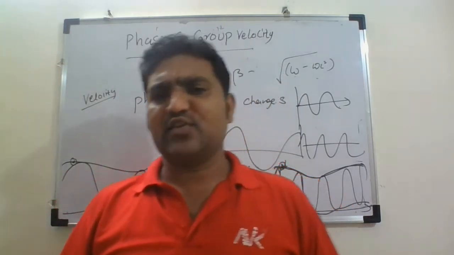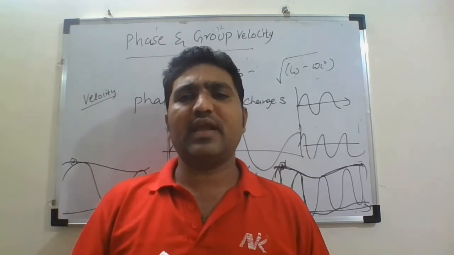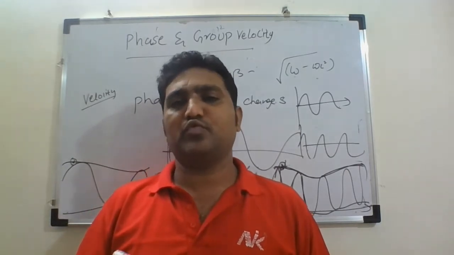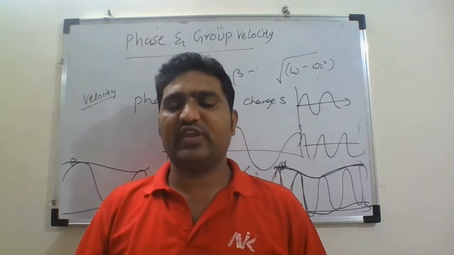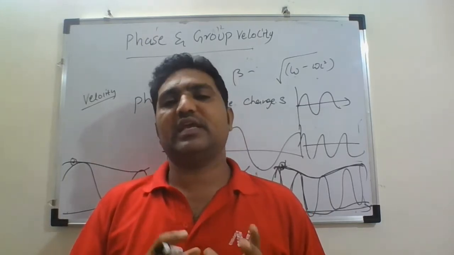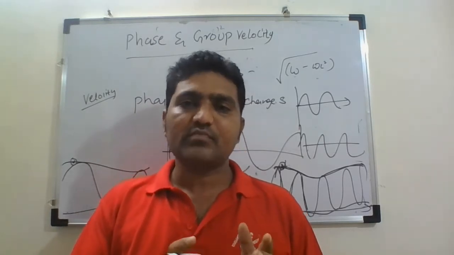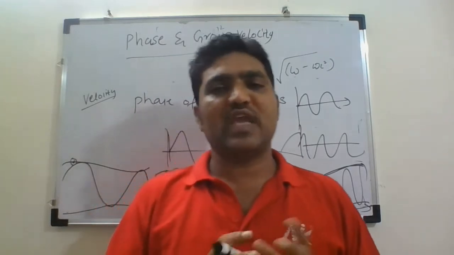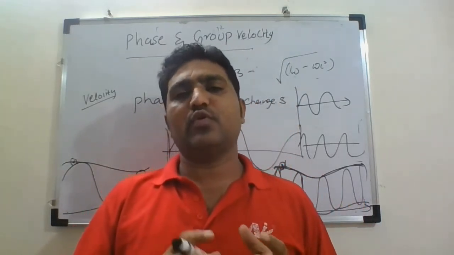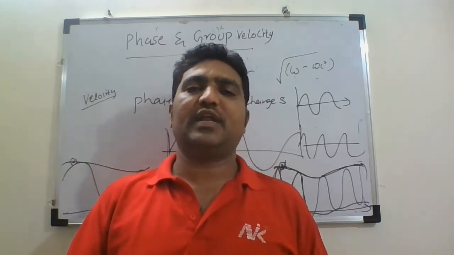In case of free space or two-wire transmission lines, we don't get the phase velocity and group velocity to be very different, especially in free space. Because in free space, the phase constant beta is a linear function of frequency. So in those cases, phase velocity and group velocity are not different.